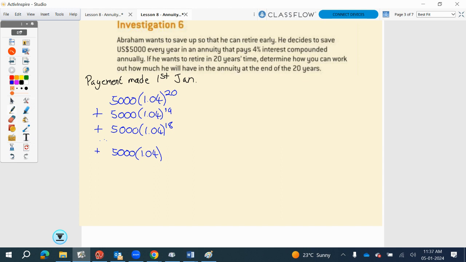S of n equals... Is it this one? Find it in the formula booklet.